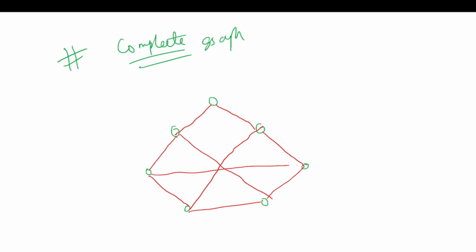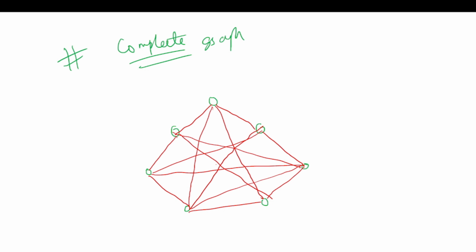We'll connect all the nodes. Even I can connect this with this, this with this. We have to connect all the nodes with each other. Try to connect all the nodes. This will go here.